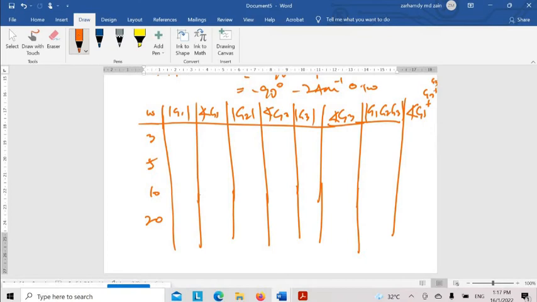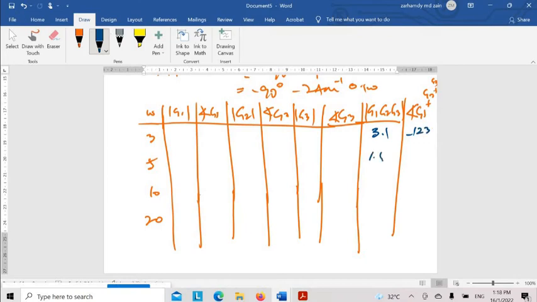Okay, so from here I try to summarize. Maksudnya nanti awak akan dapatkan total of omega 3, awak akan dapat lebih kurang 31. So our sudut 5 phase is 1, 2, 3.